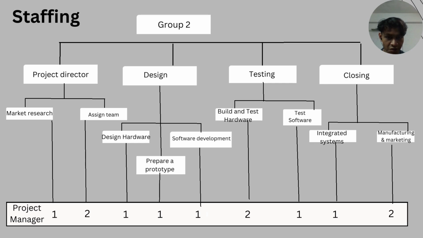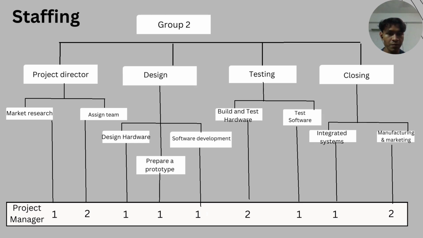So we move to the testing part. Under the testing part, we have two branches, which are build and test hardware and test software. For the build and test hardware team, we assign two project managers, and for test software, we assign one project manager.